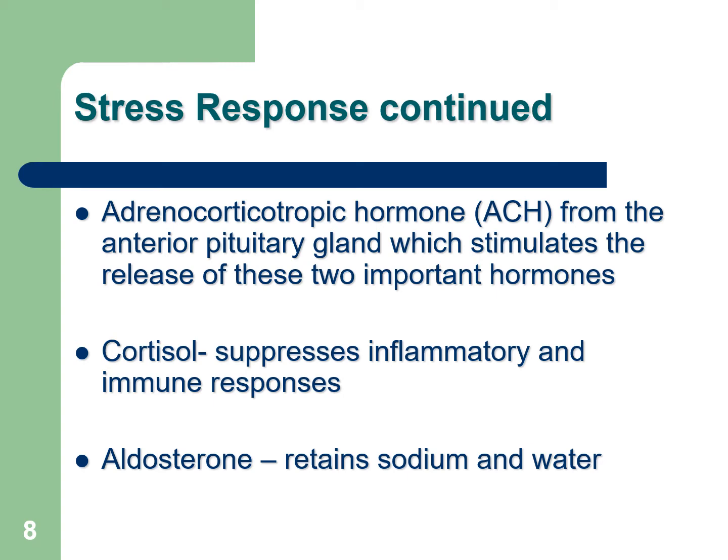When cortisol is produced in excessive amounts, it suppresses the immune system, and it also suppresses the inflammatory response system of the body. This is produced because of the increased production of cytokines when cortisol is excessively produced. Aldosterone, which retains sodium and water, has been linked to problems with high blood pressure. So when aldosterone is produced in excessive quantities, it actually increases our blood pressure, with negative effects on the body.